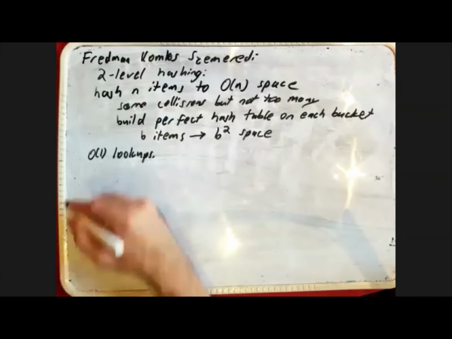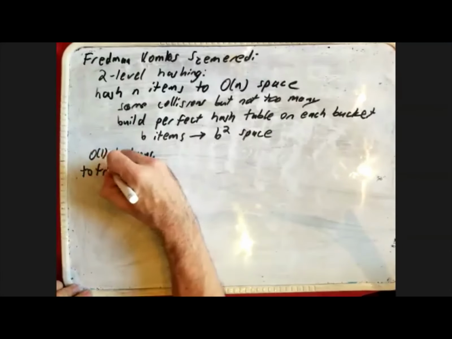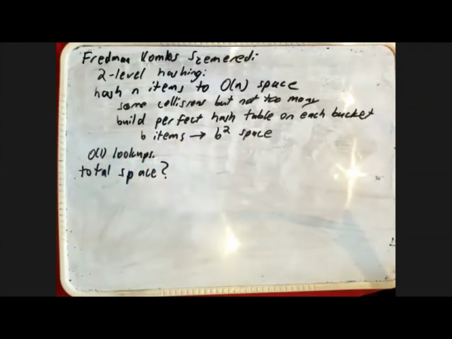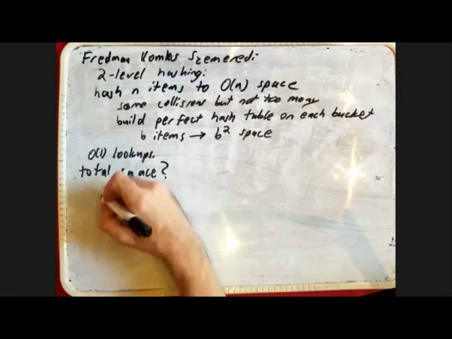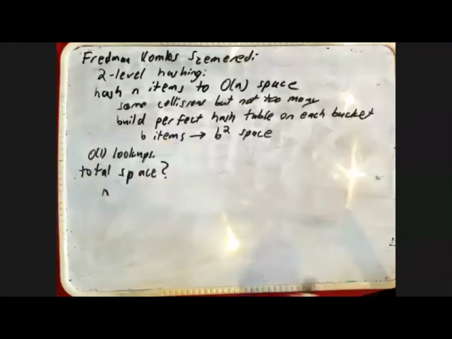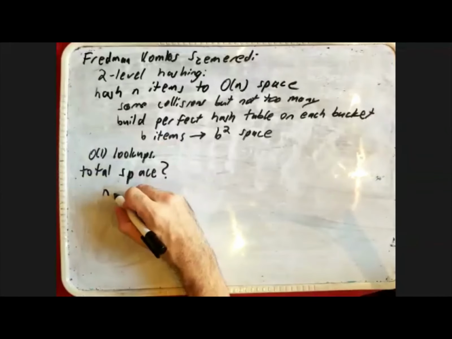So the only question is, what is the total space? Well, it's n for the top level, where we store the information about the different buckets.